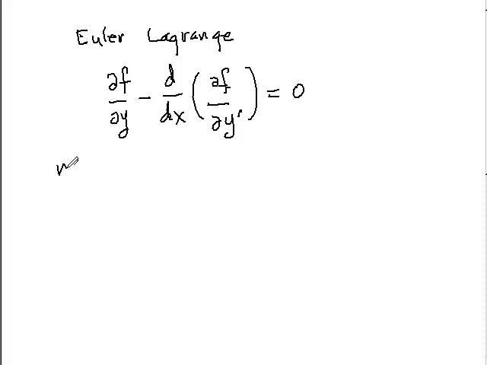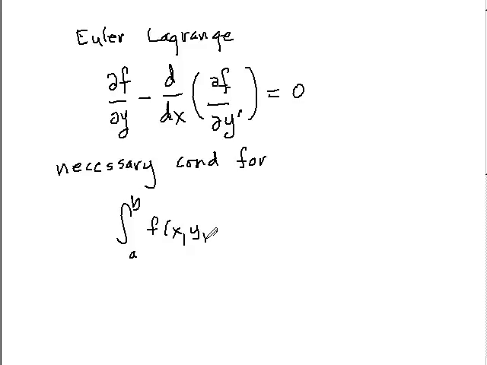These are a necessary condition for the integral from a to b of f of x, y, y' dx to be a minimum. These are a necessary condition as long as f and y and everything else is smooth enough.